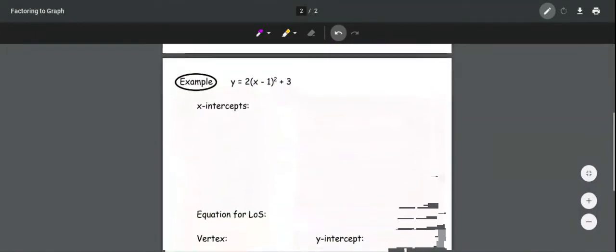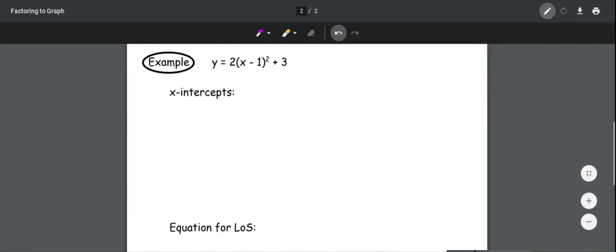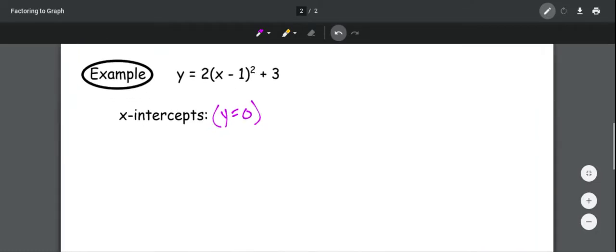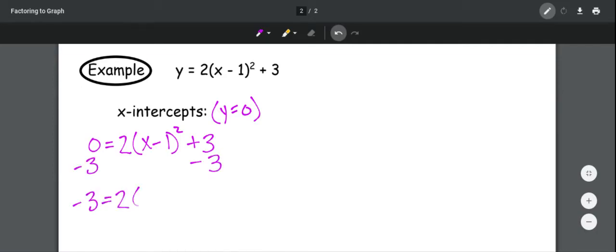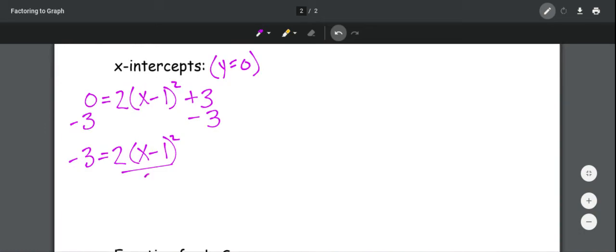Okay, so now here is vertex form. So our y equals 0. And here we have to do a little more solving than the last one. Now, here's the tricky part.